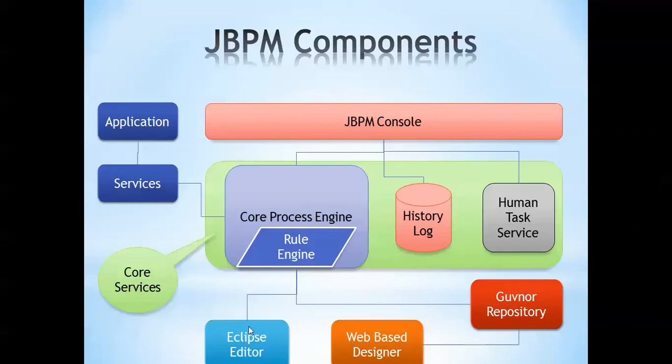It also provides an Eclipse editor where you can do the same thing using a desktop-based Eclipse editor, to create a business process as well as the rules, and then manage them.